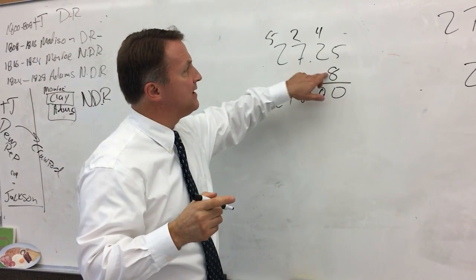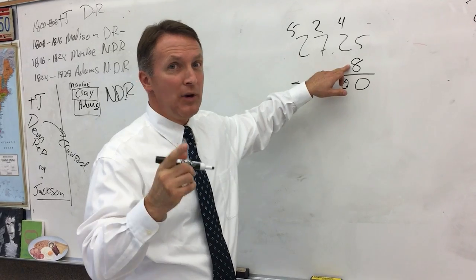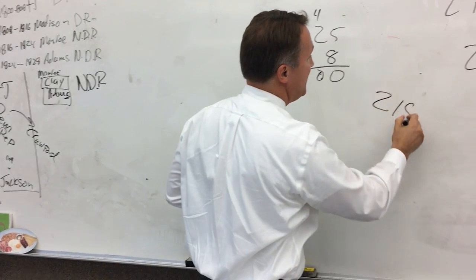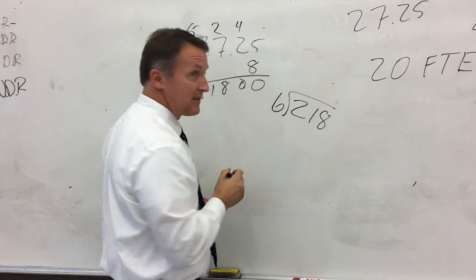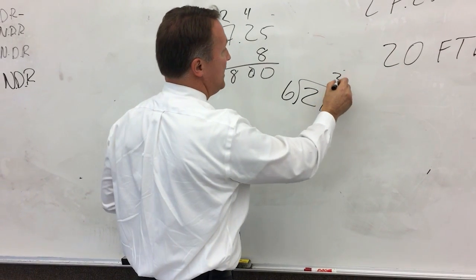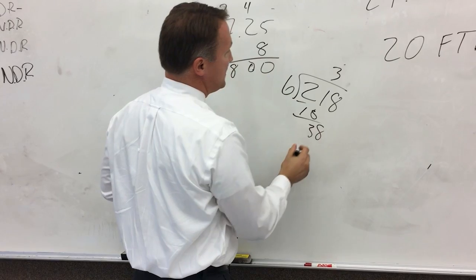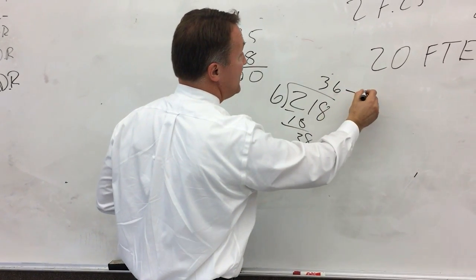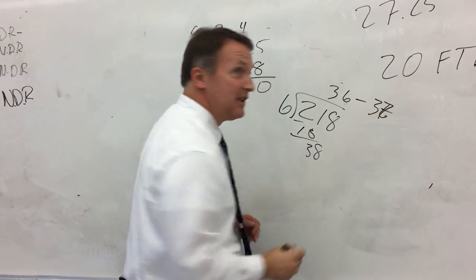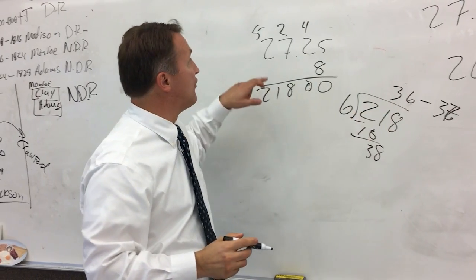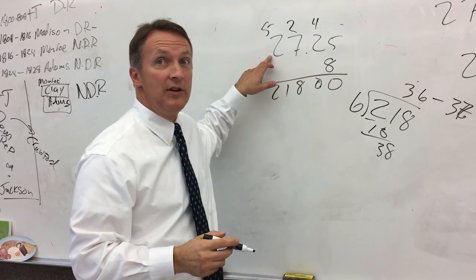But those 218 kids, you've got 2 prep periods. So it's 218 divided by 6 again. Your average class size is 36 to 37 students from a staffing ratio of 27.25.